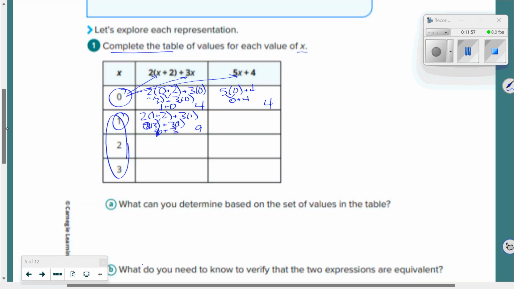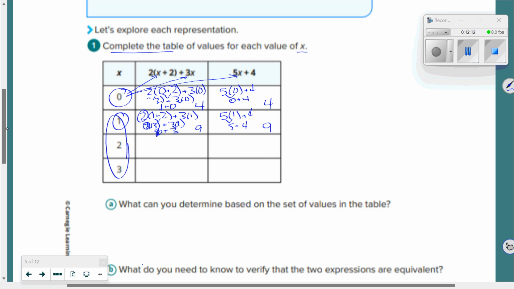There's where the problem was. So 3 times 3 is... sorry, 2 times 3, which is 6, 6 plus 3 is 9. Then 5 times 1 plus 4 gives us 5 plus 4, or 9.